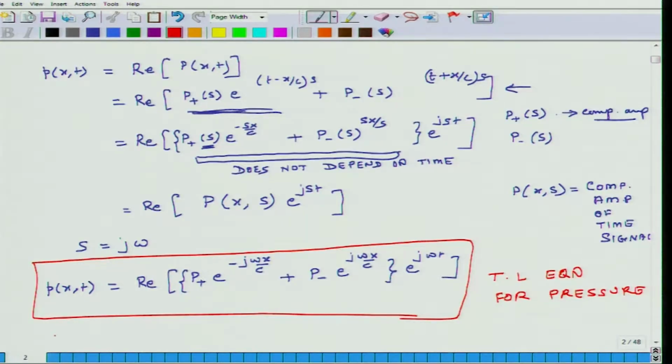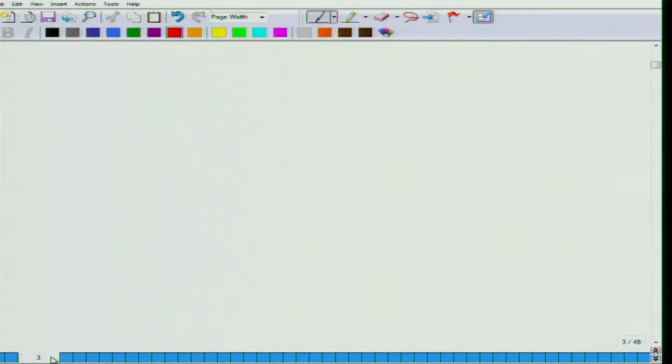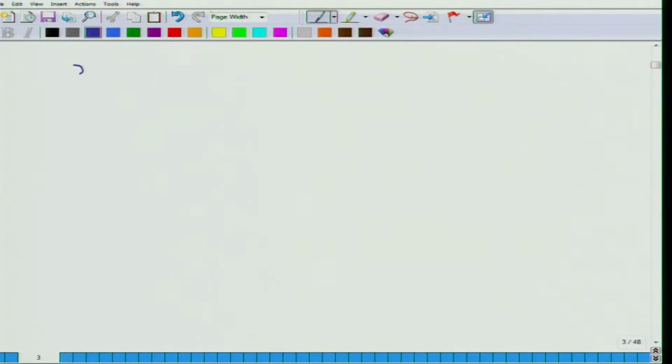Similarly, I can also have a transmission line equation for velocity. Now we know that the wave equation for velocity was nothing but the second derivative of u with respect to x is equal to 1 over c squared times the second derivative of u with respect to time.